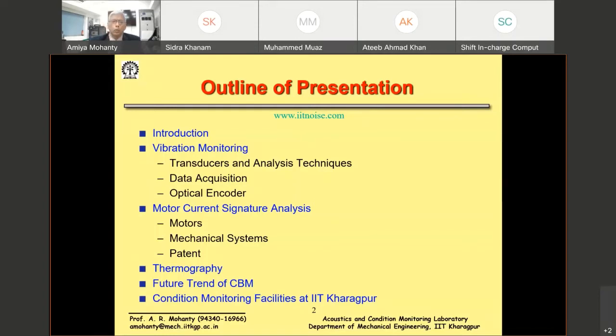But if you go to the ports, the cargo ships which come, we cannot be holding them on the berth for loading and unloading for a long time. So they have to be very efficient.